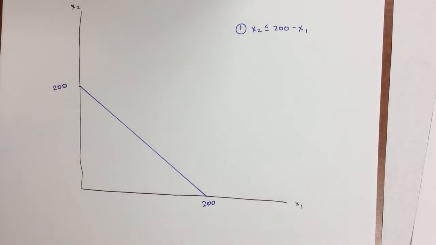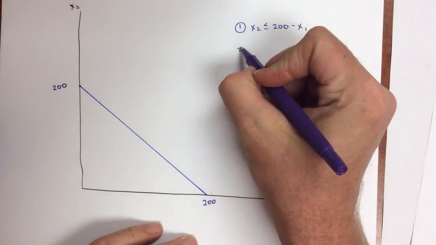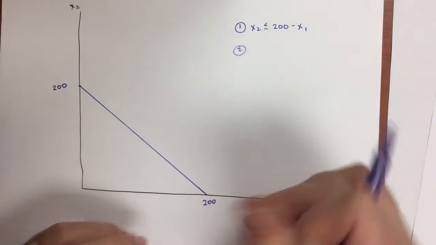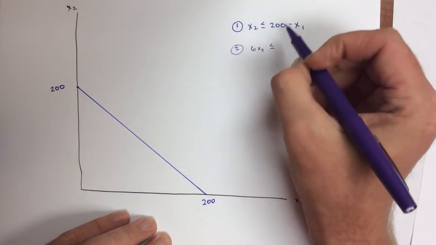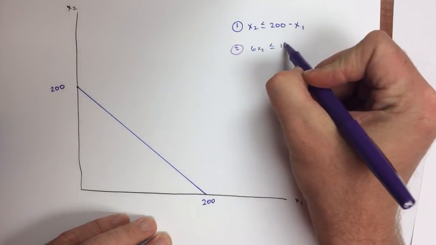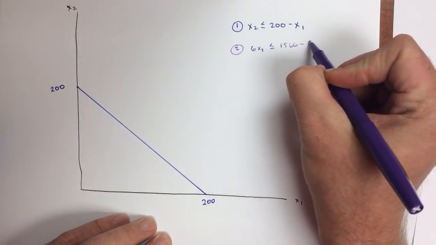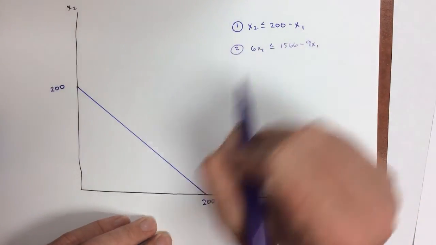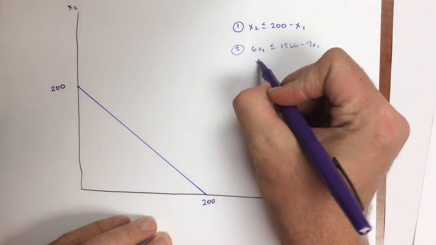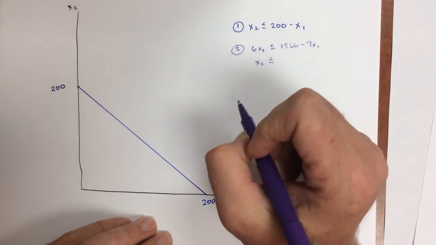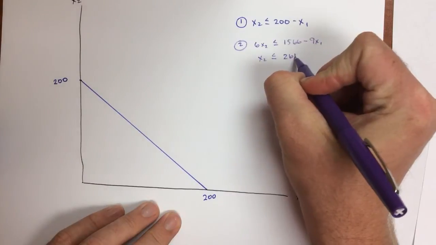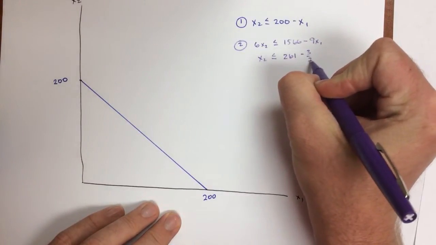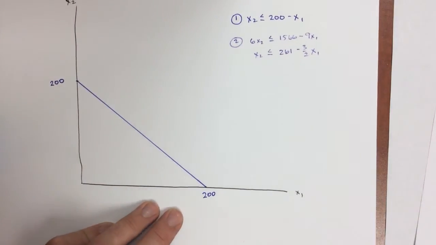Now let's look at our second constraint. Our second constraint is 6x2 is less than or equal to 1566 minus 9x1. I divide by 6 now, and x2 is less than or equal to, see if I can do the math on this, 261 minus 3/2 x1.